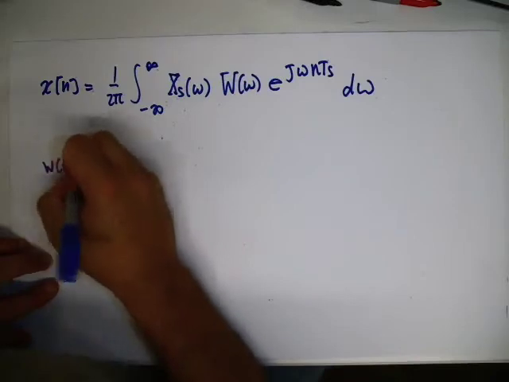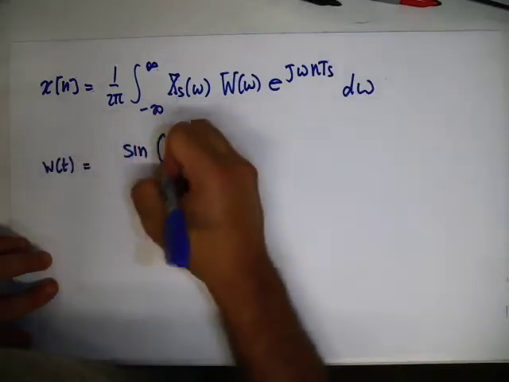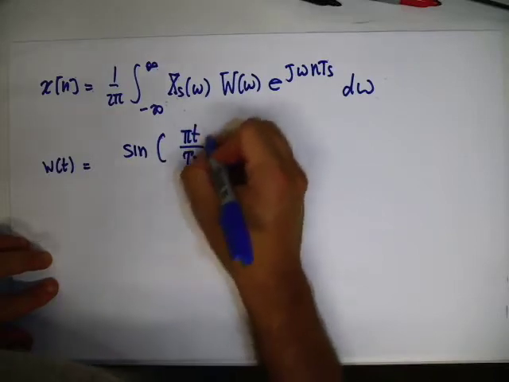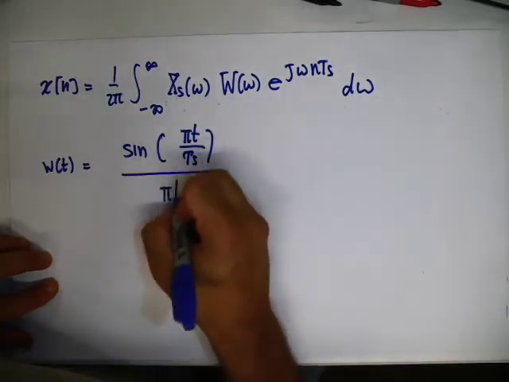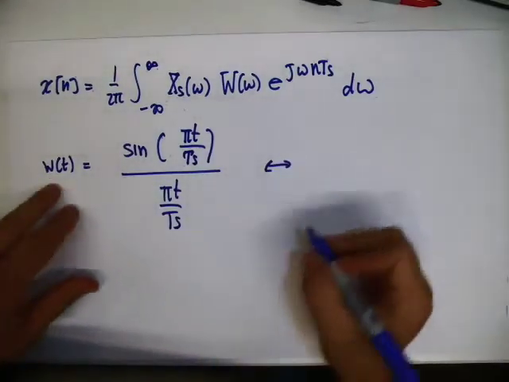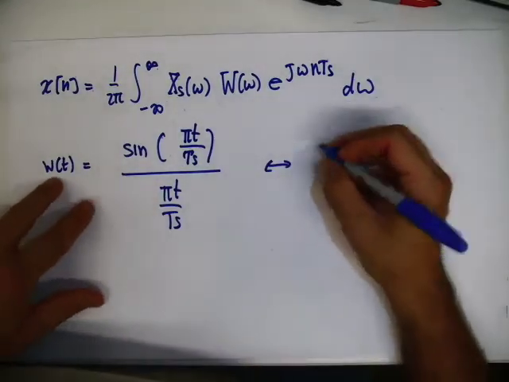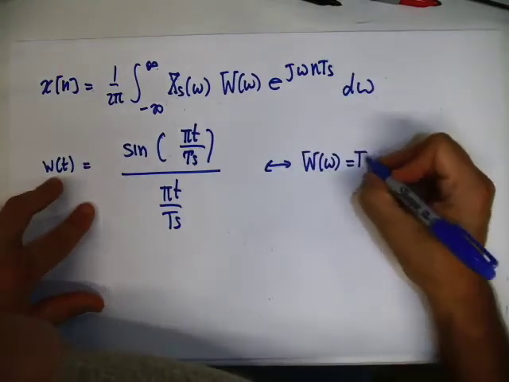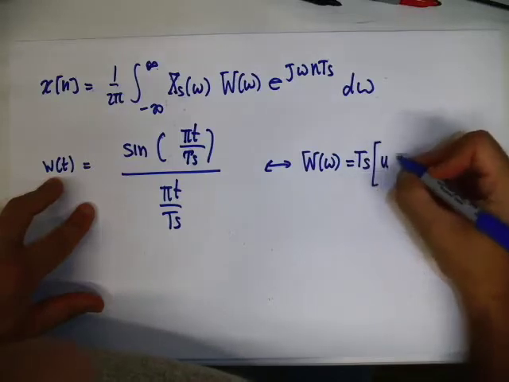But now in time we can choose the sinc function. What is the advantage of having a sinc function in time? That the Fourier transform is simply a box, as you know.